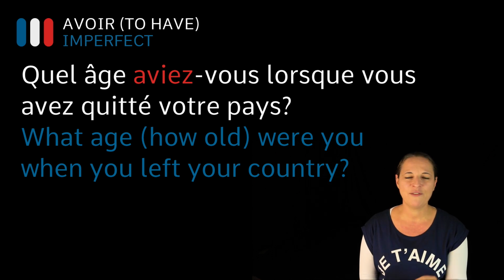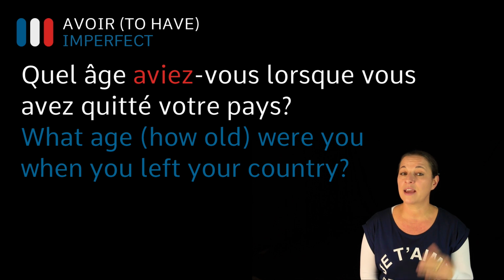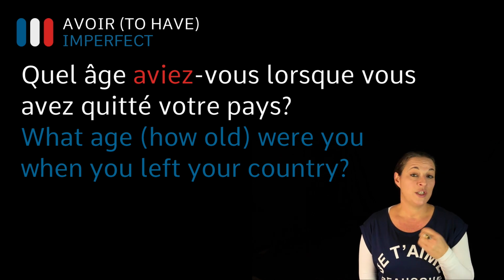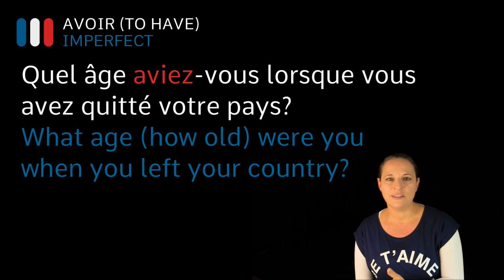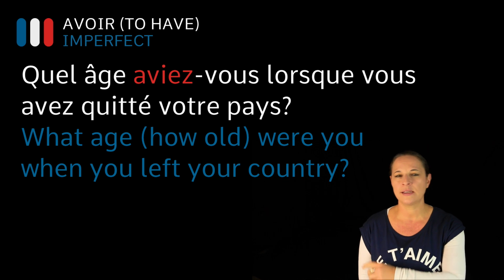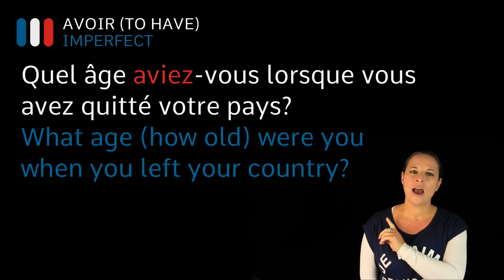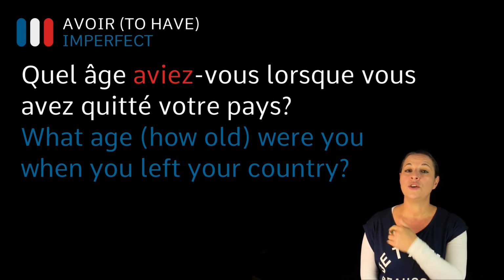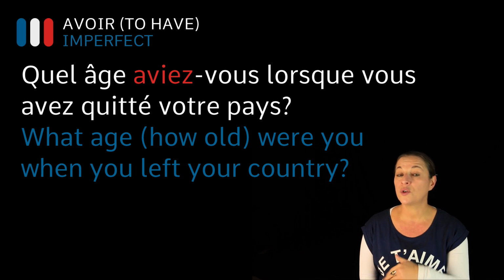But again, avoir is a funny one, just like to be, okay? So, knowing that we do not say I am 25 years old, but we say I have 25 years, here we say how old had you, in effect, not were you.